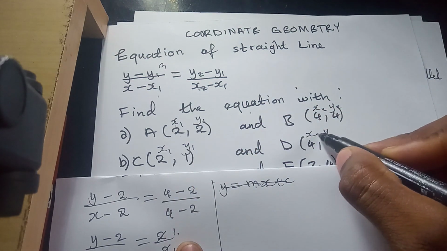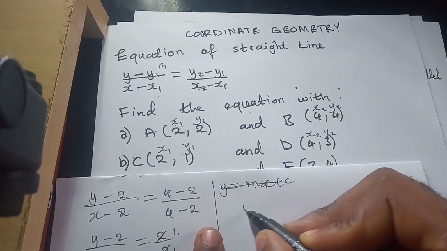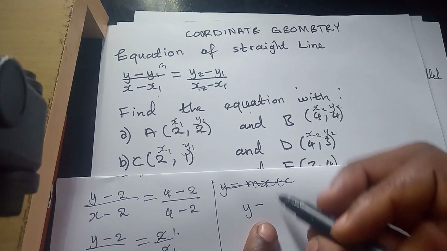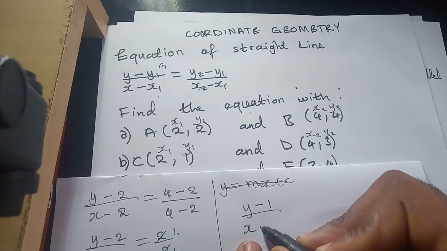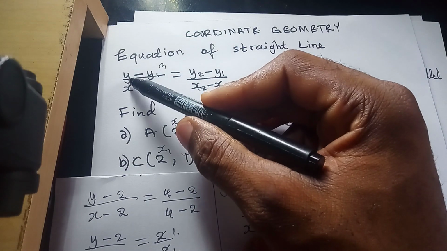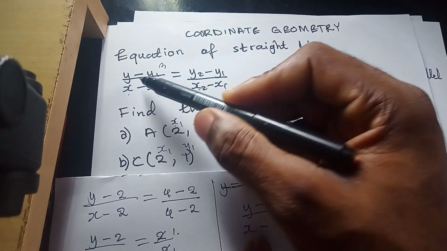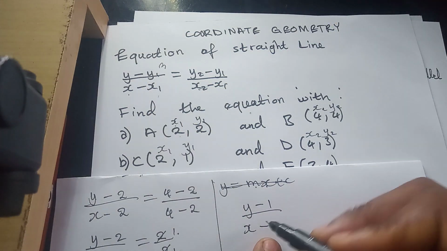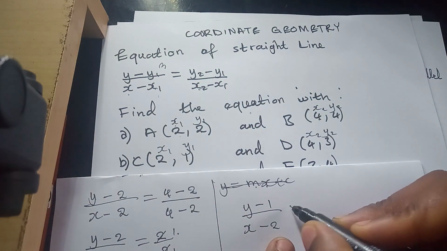These are our 1s, then these will be our 2s. So we can say y minus our y1, which is 1, over x minus, remember when you have a y and an x like this without any subscript, you just write it like that, and then our x1 is 2.